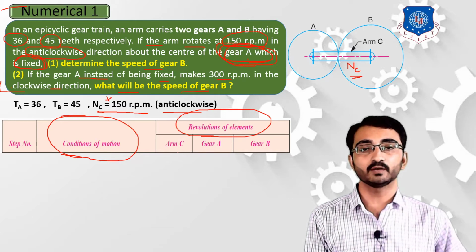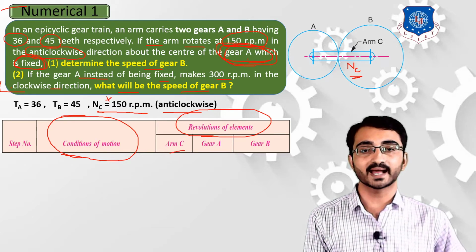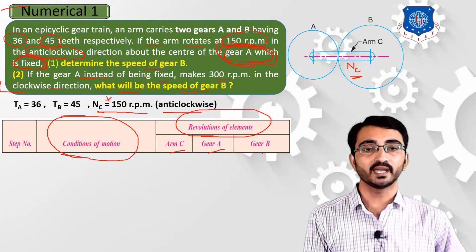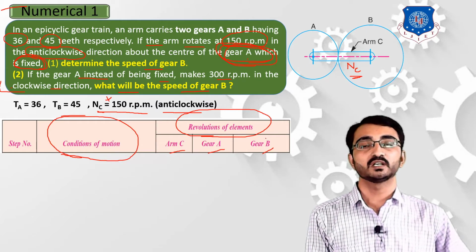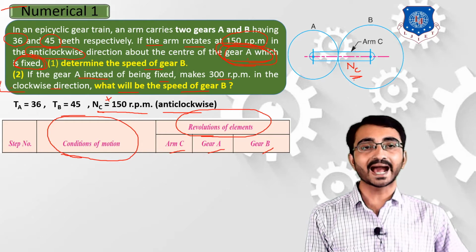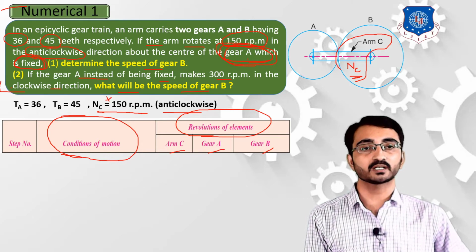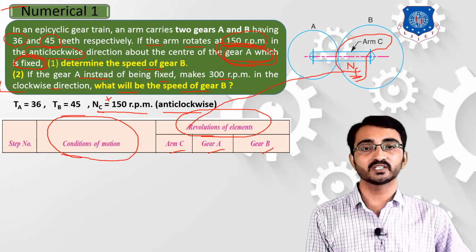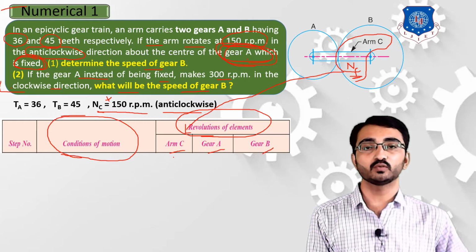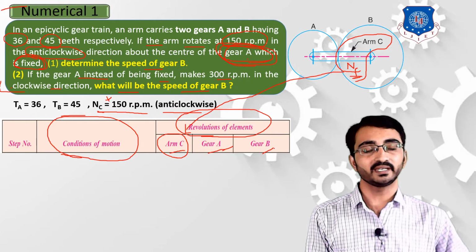Here we have three elements: first arm C, then gear A and gear B. Now remember students, we will always keep our arm component as the first component. So whenever you are sketching this table, first consider your arm column, then you will put gears in any sequence.